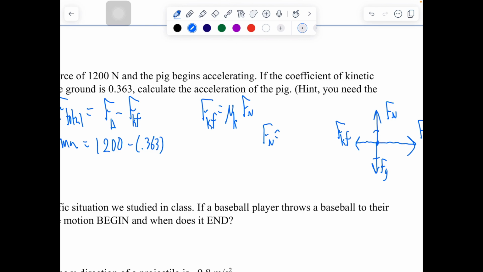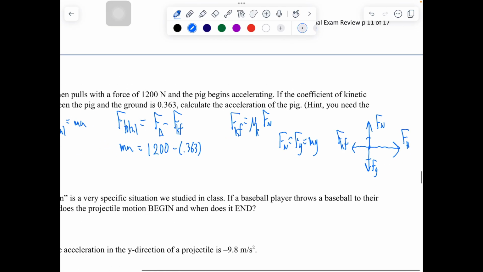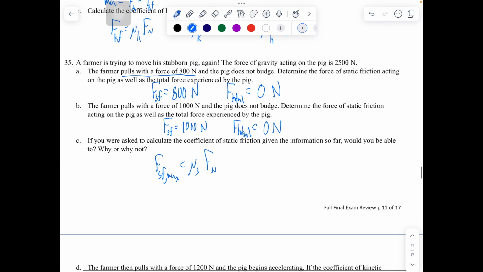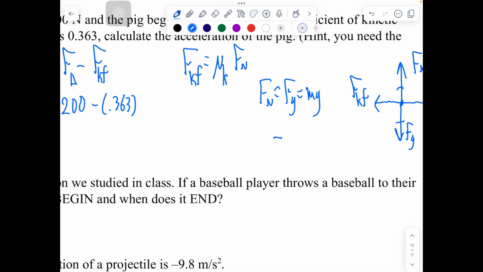Since the normal force is equal to gravity, normal force is m times g. How do we find the mass? Well, we were told earlier, force of gravity is 2,500 newtons. So, 2,500 newtons is our normal force. We can plug that in right here.